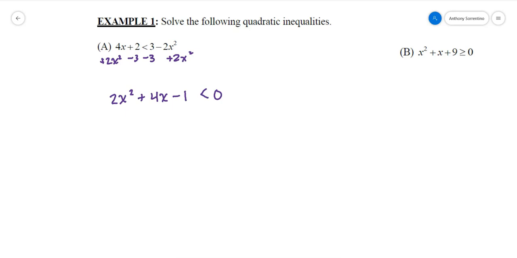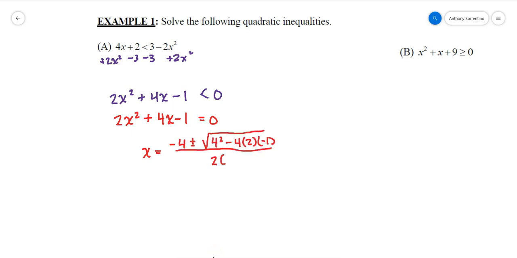So now I'm going to convert this, and I'm going to change color with this because remember, I'm going to make a similar equation. It's going to be set equal to 0, and I'm going to solve this. And I'm going to solve this, in this case, using the quadratic formula. It's already set equal to 0 anyway. So I'm setting up the quadratic formula. Now I'm going to evaluate.